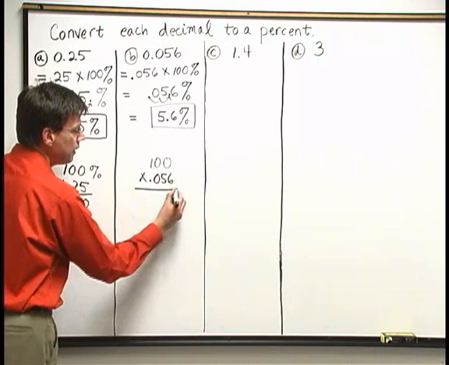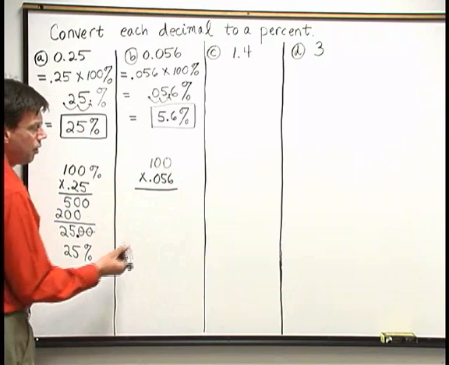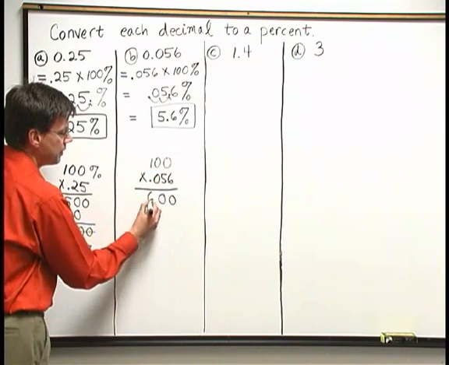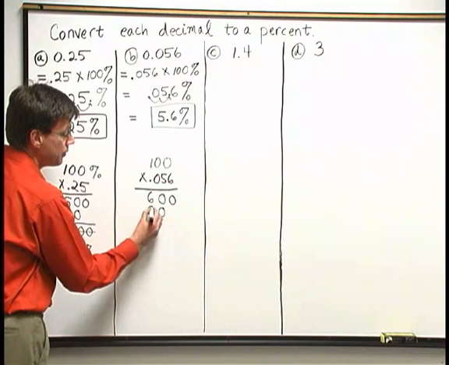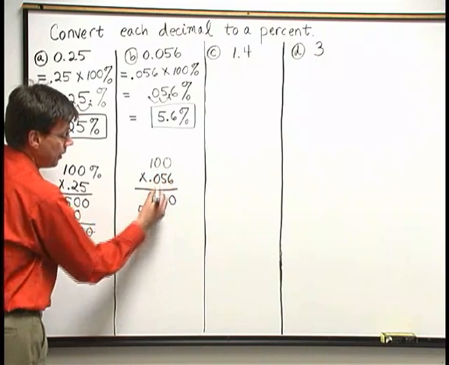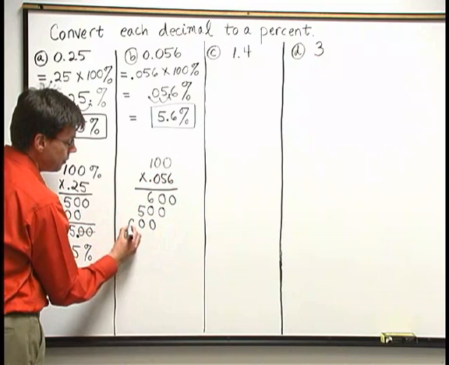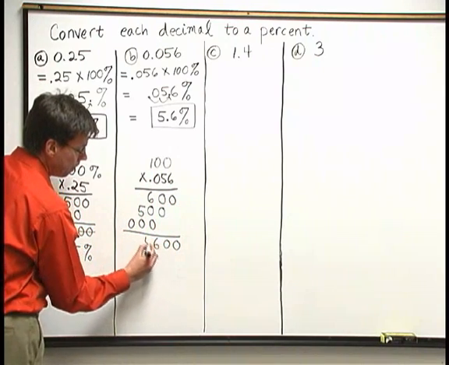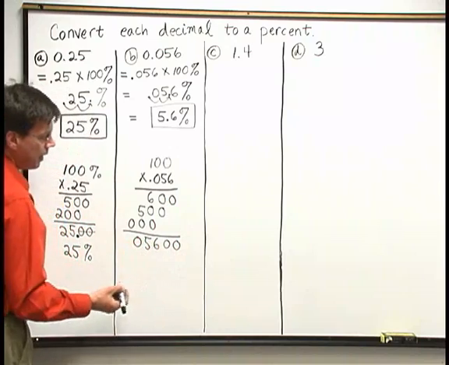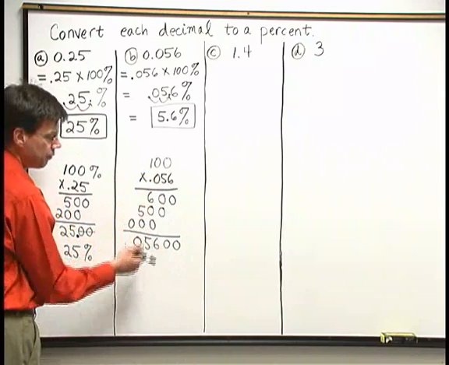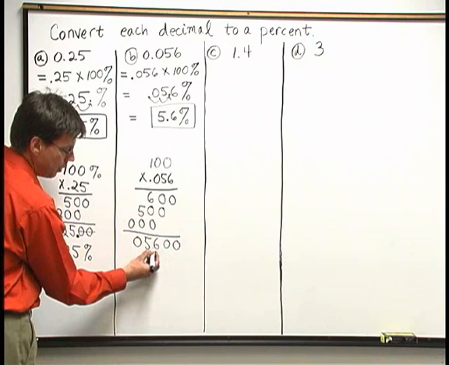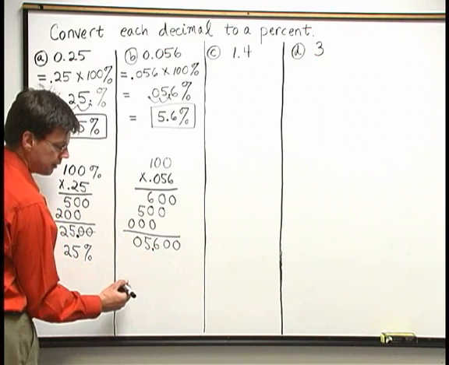If you prefer, again, you could have taken 100 times 0.056 and done the multiplication the long way. 6 times 0 is 0, 0, 6 times 1 is 6, 0, 0, 5, 0, 0, 0, add up. And let's see, I have 3 decimal places in the numbers I'm multiplying, so I move 1, 2, 3 places from the right.